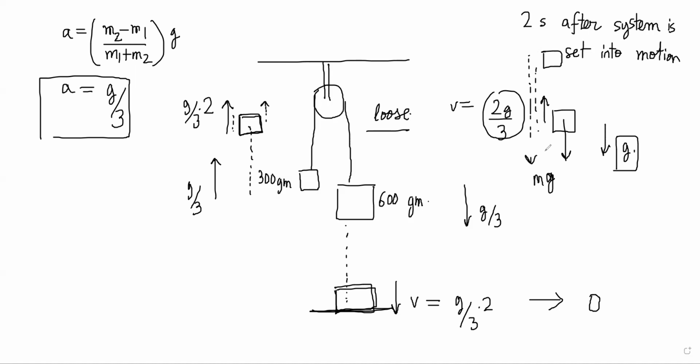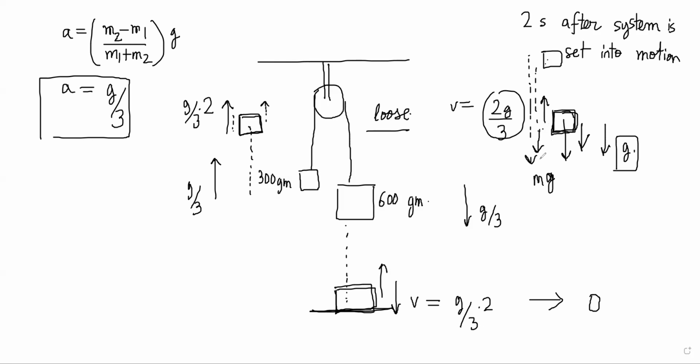Once it reaches back to its position here, after that, when it tries to go down, the string becomes tight again. Do you understand what I'm saying? It goes up a little bit, stops, comes back, falls down, and then wants to go down.